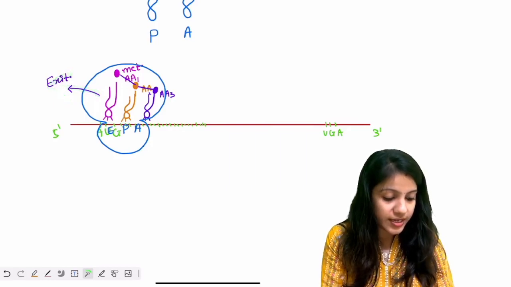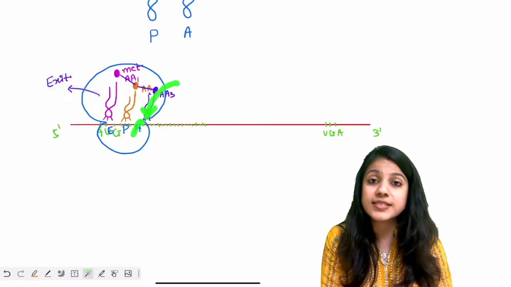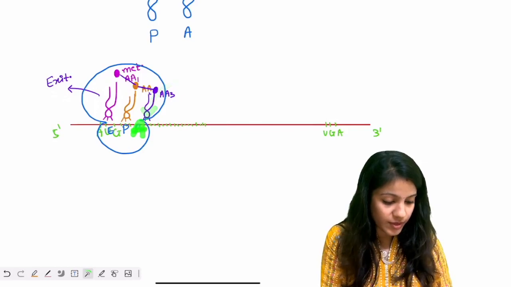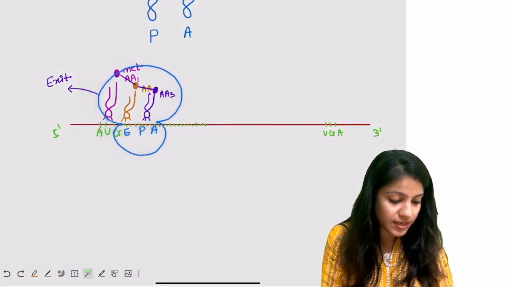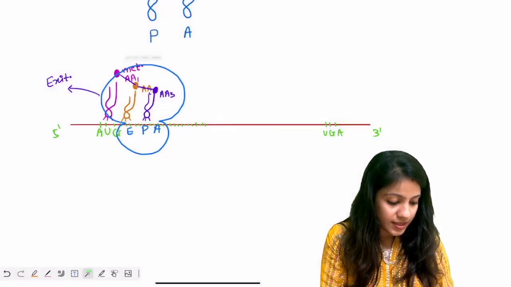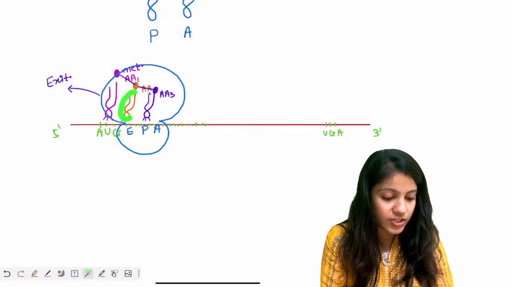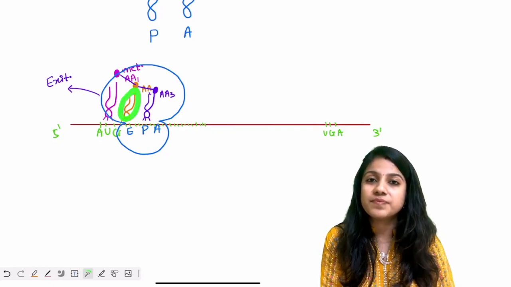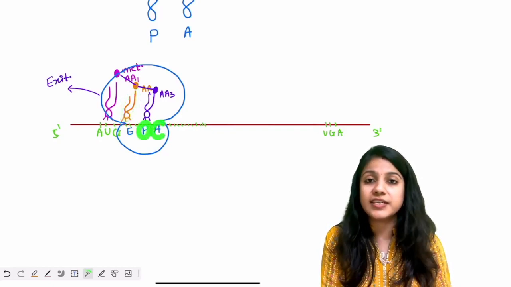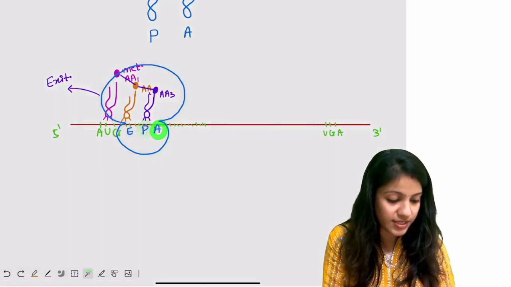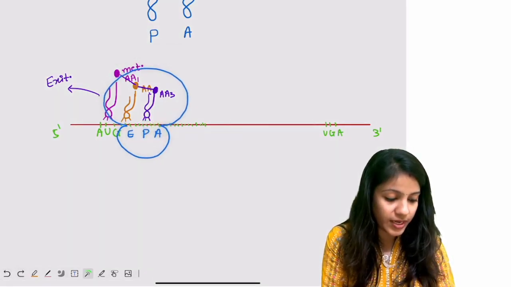Now a new tRNA came on the third position on the A side. Now this ribosome will again move in this direction like this. Again, the second tRNA now reached the exit position. Right. Now again, the P site is occupied, and the A site is vacant.